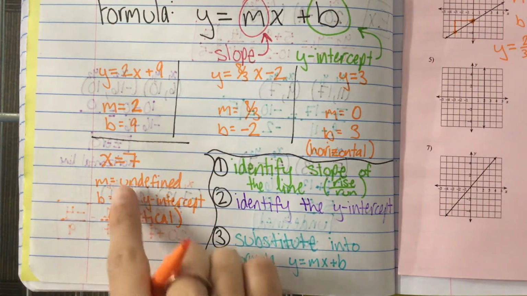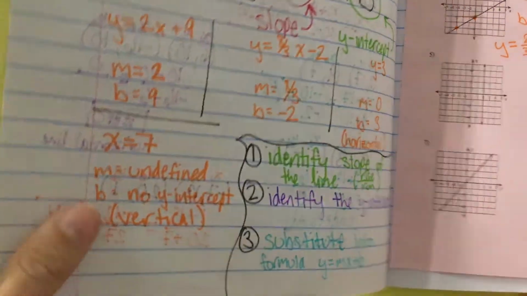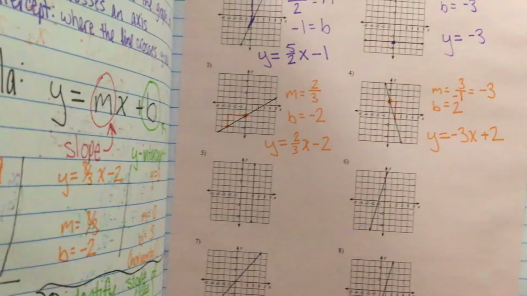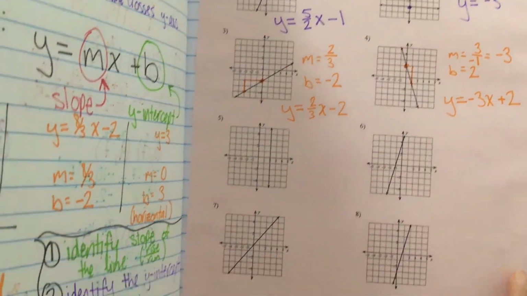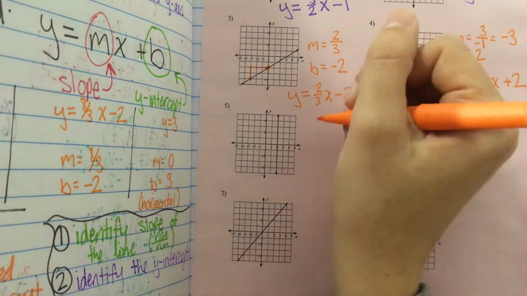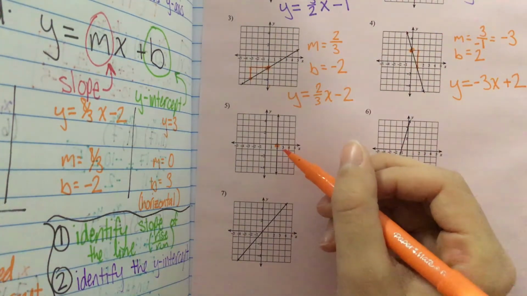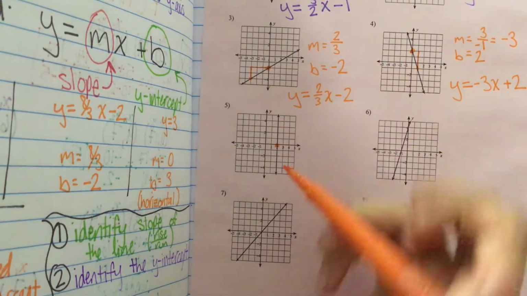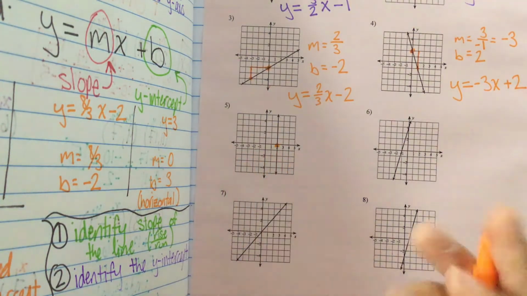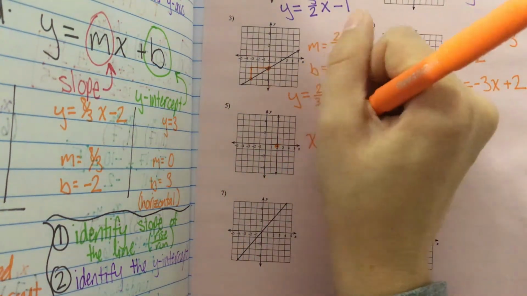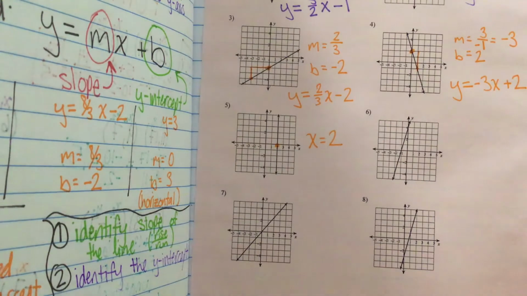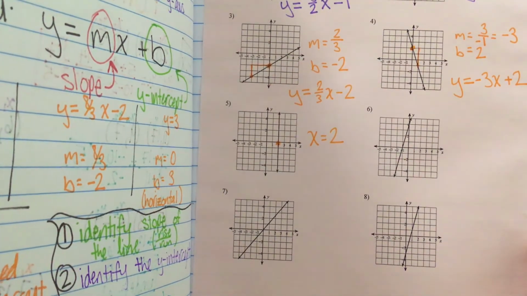It's going to be x equals a number, and that number is going to be where the line crosses the x-axis. So where my vertical line crosses this x-axis at 2. So the equation of the line is just x equals 2.